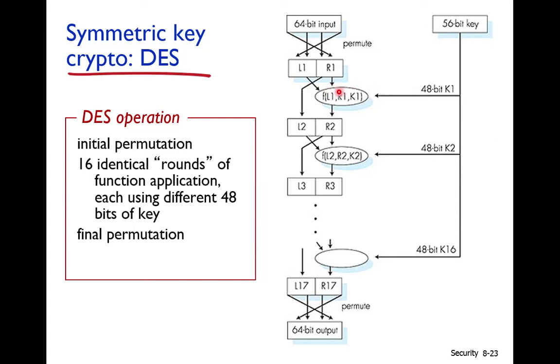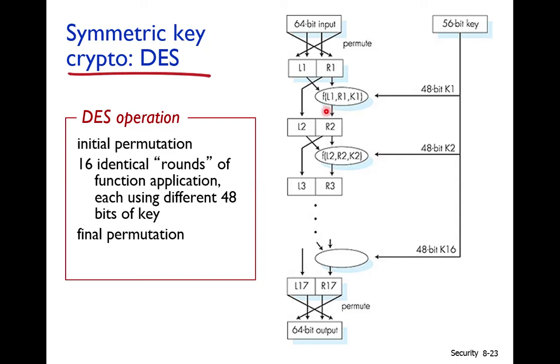It is a 56-bit key, but from it a 48-bit key is derived, and this 48-bit key is used to compute the ciphertext of a round.